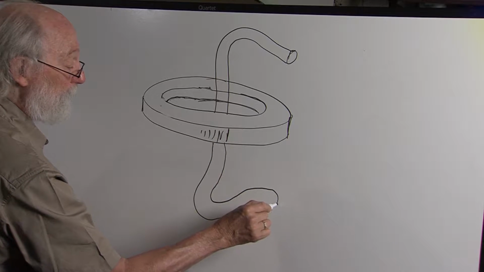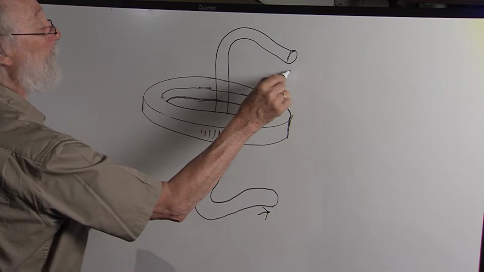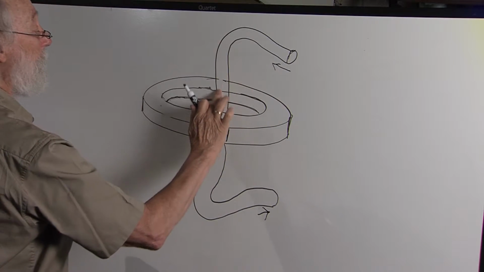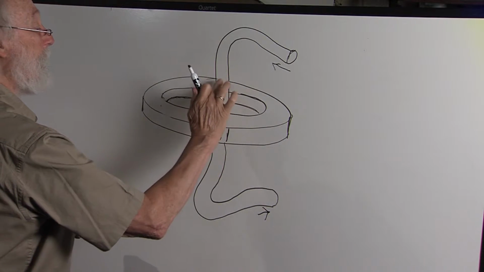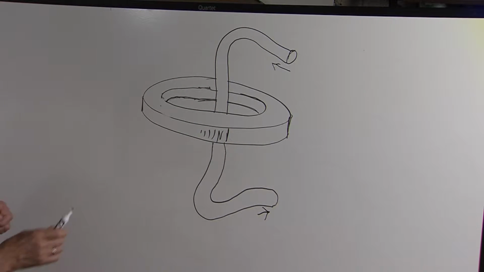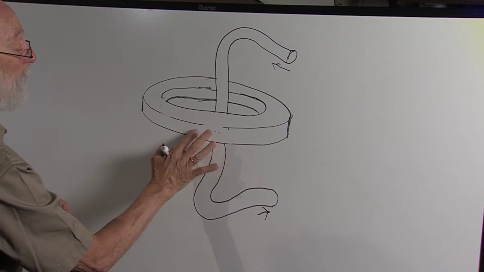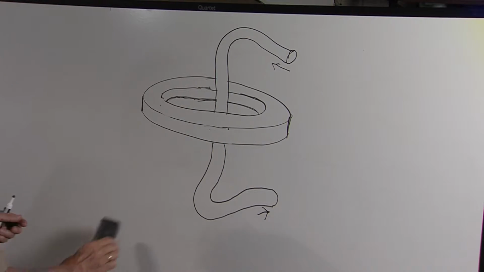Once again, this one's going away from you. This one you're looking in at. Let's just do a little erasing there. So that's the beginning hole that we want to show you. All right, so that's number one.